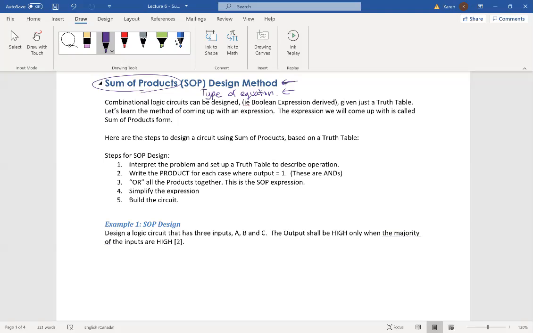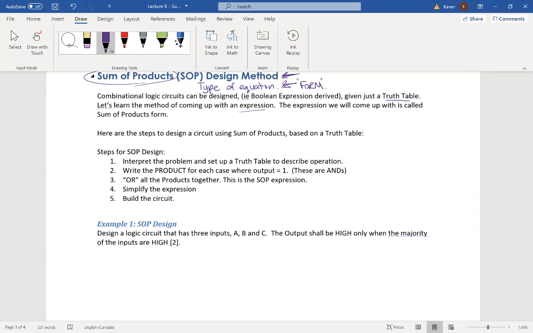So we can look at just a truth table and we can come up with an expression. And the type of equation is called the sum of products form. So the expression that we're going to come up with using the sum of products method will be in the sum of products form. I know that sounds a little bit confusing, but bear with me and I'll show you what I mean.